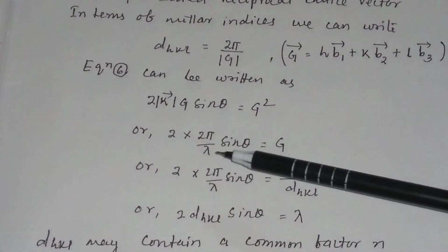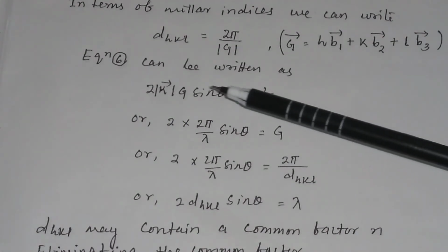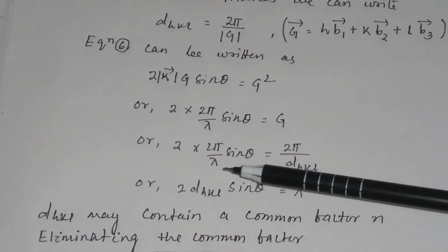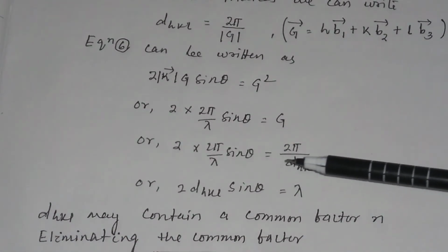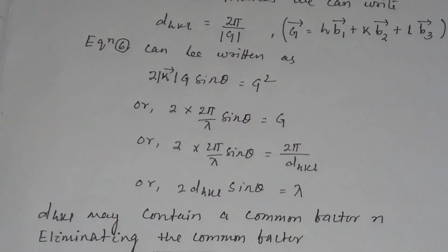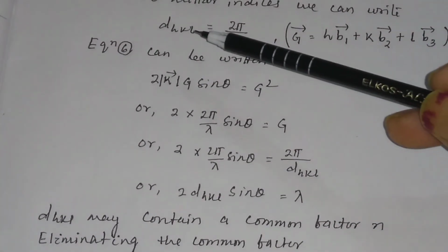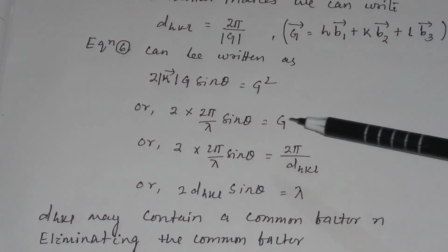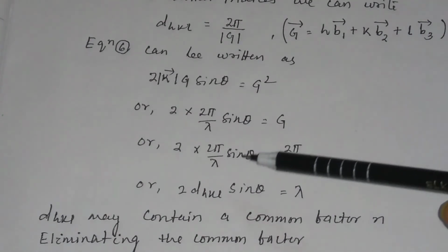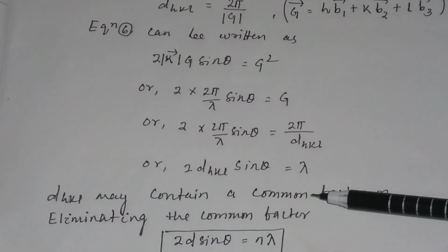So 2 into 2 pi by lambda into sin theta is equal to G. One G will cancel. So 2 into 2 pi by lambda into sin theta will be equal to 2 pi divided by d_hkl. Here we have substituted G is equal to 2 pi by d_hkl. So 2 into d_hkl sin theta will be equal to lambda.